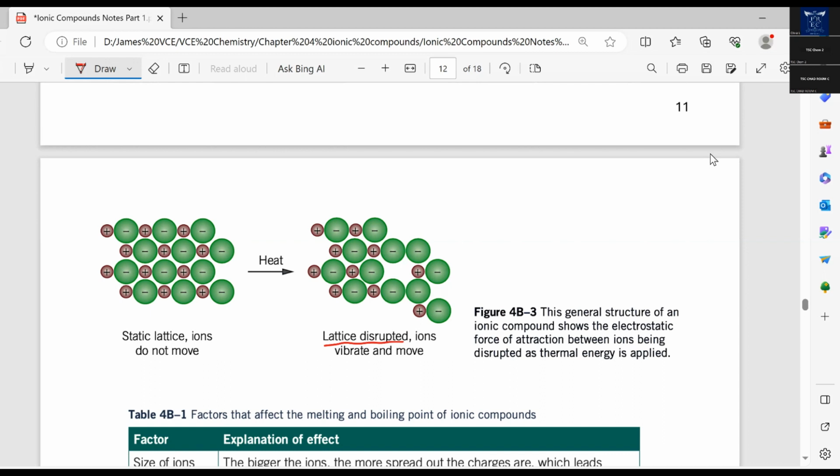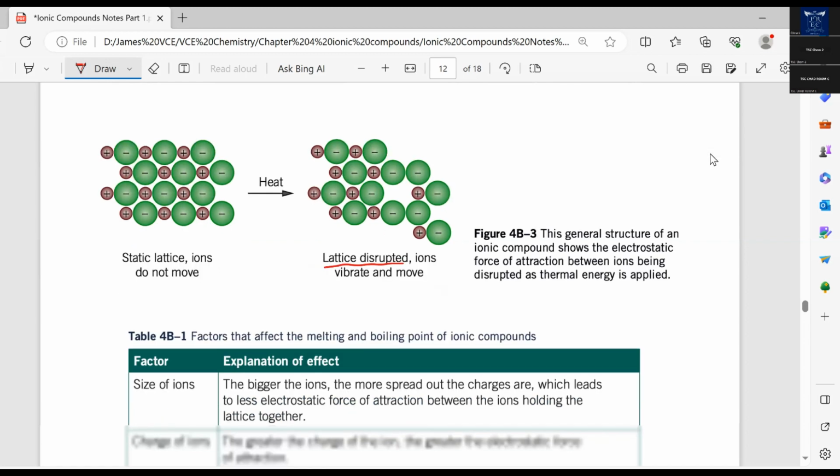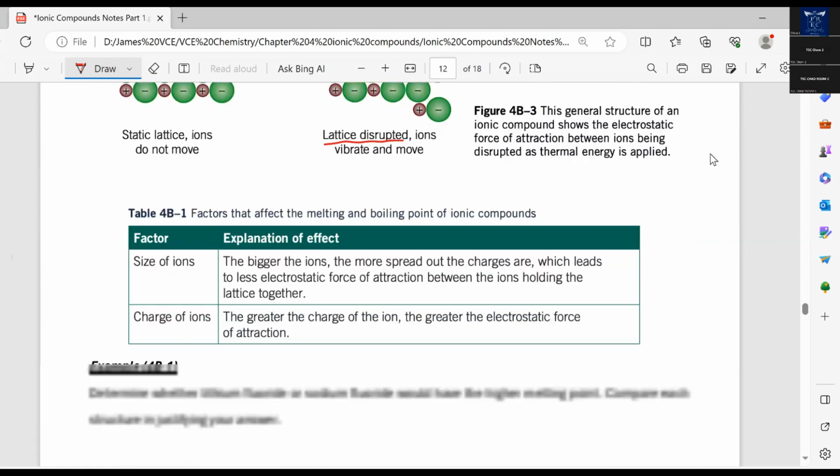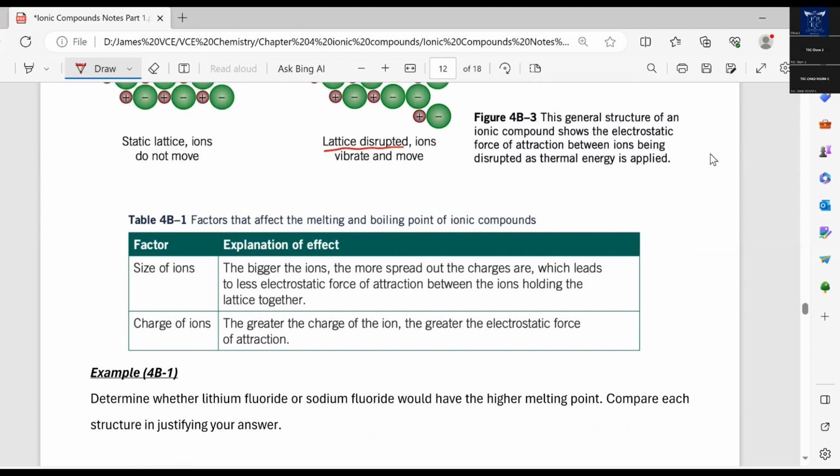Okay, so this will also be used in another way. So what are the factors that affect the melting and boiling point of ionic compounds? One of them is the size of ions. The bigger the ions, the more spread out the charge is, which leads to a lesser electrostatic force of attraction.